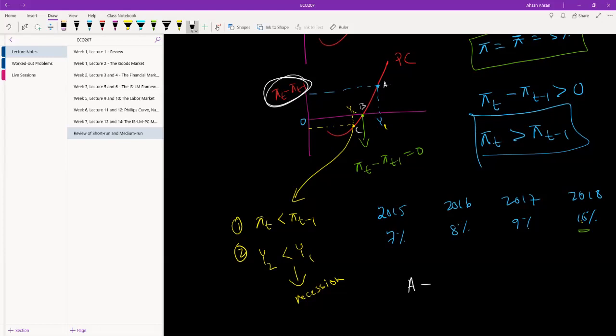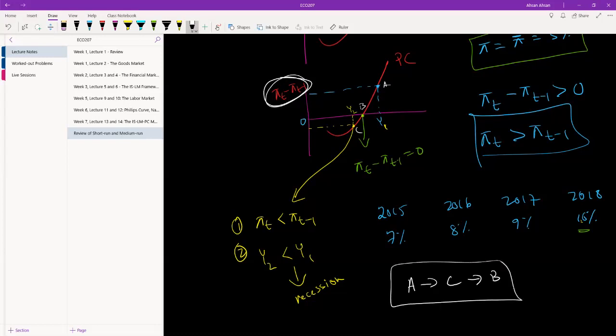So we have to move from A to C and then to B. Okay? And the reverse is also true. If we find ourselves in C, we can't jump directly to B. From C, we have to move to A, and then we have to come back to B.